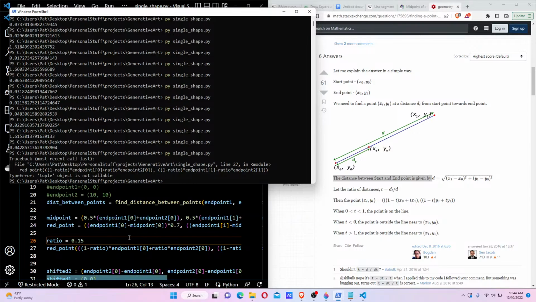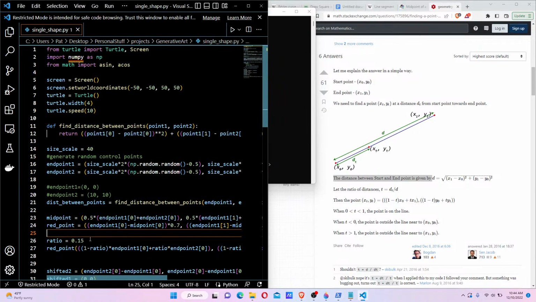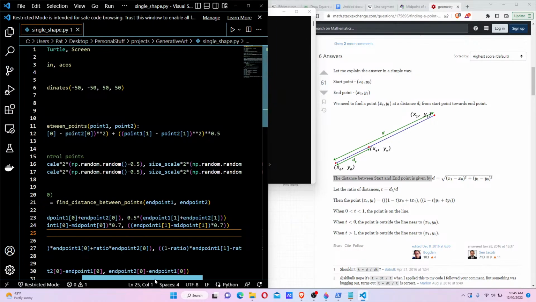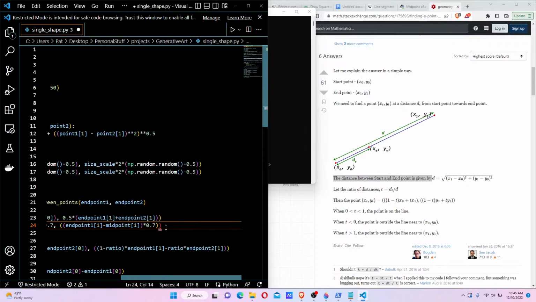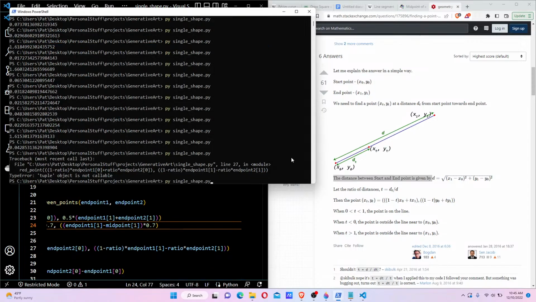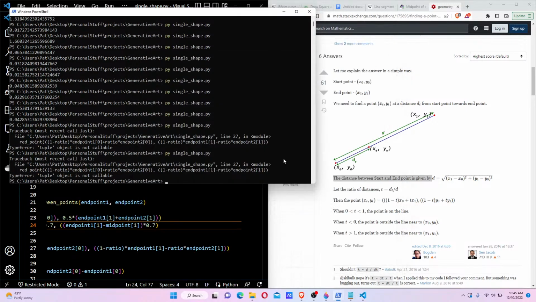So it closed immediately. Midpoint isn't a tuple, but endpoint is a tuple. Or red point is a tuple. So I guess we gotta take a pair of parentheses off of the edge. Point 1.